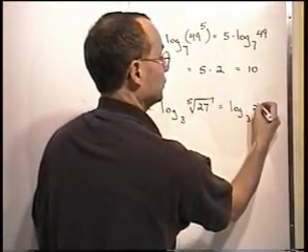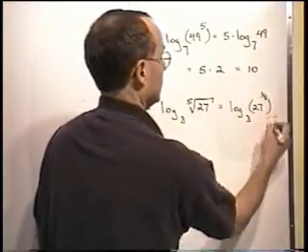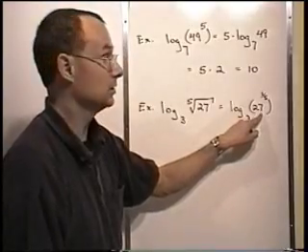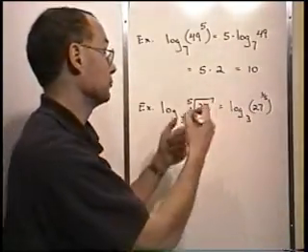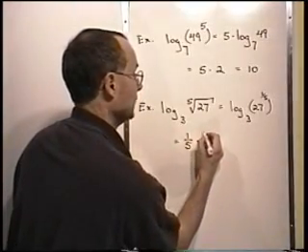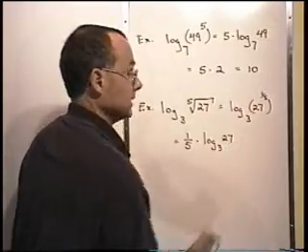Some people wouldn't do it this way. So, instead of the fifth root of 27, I write it as 27 to the 1/5. So I'm going to take that 1/5, the exponent, and bring it out front. So I have 1/5 times the log of 27 base 3.